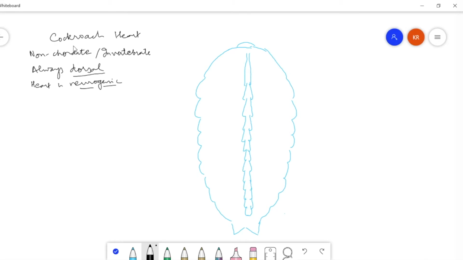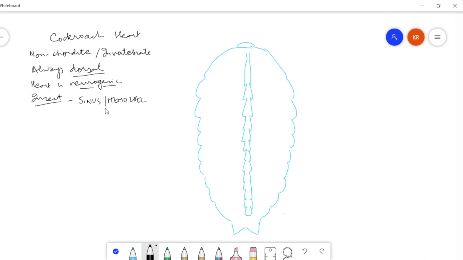Now cockroach, recollect that it is from the phylum Arthropoda and it is an insect, and it has in its body cavities or spaces which we call either sinus, or hemocoel.